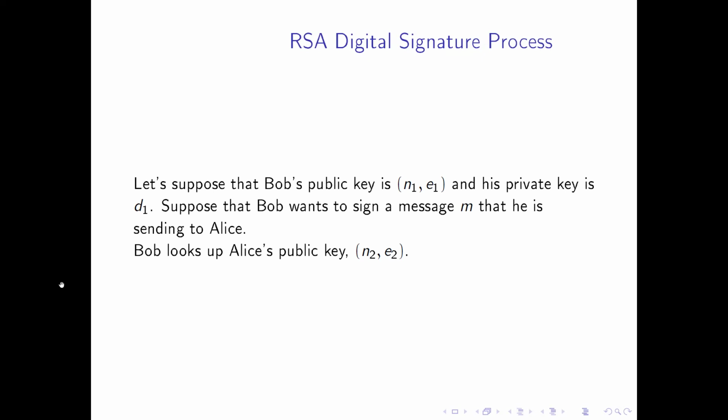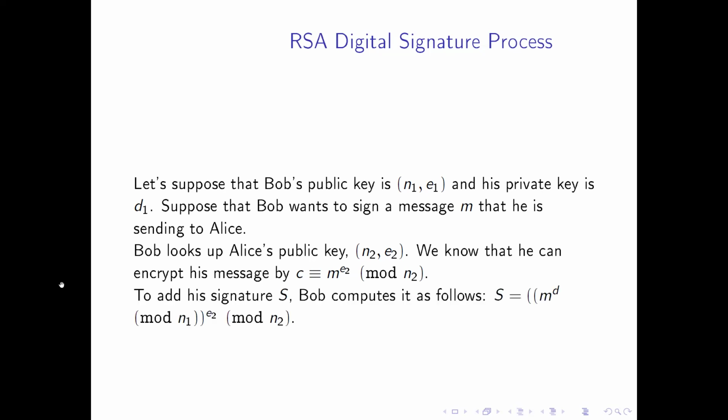I'm using subscripts to make these a little bit different. Now, we know that he can encrypt by taking his message M and raising it to the E2 mod N2. That will give him his ciphertext C, which is one thing he's going to send.